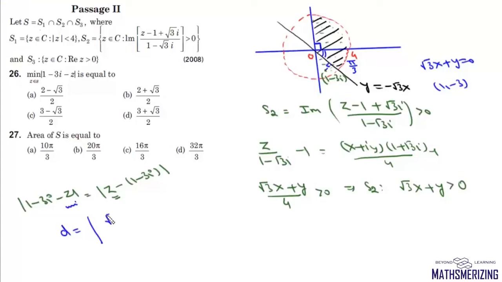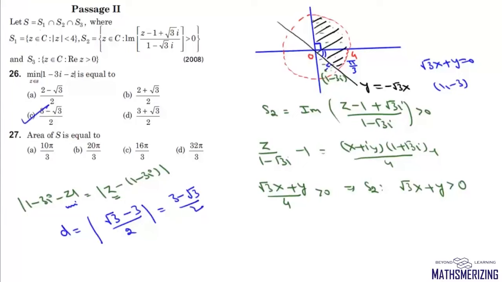So it will be (root 3 minus 3) upon under root of a square plus b square, which is 2. So this minimum distance will be (3 minus root 3) by 2. So the minimum value of this modulus is (3 minus under root 3) by 2.